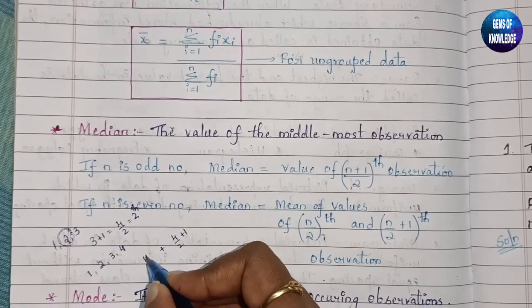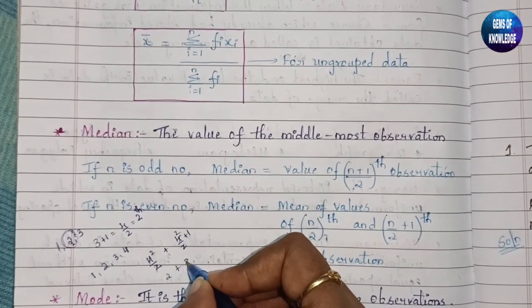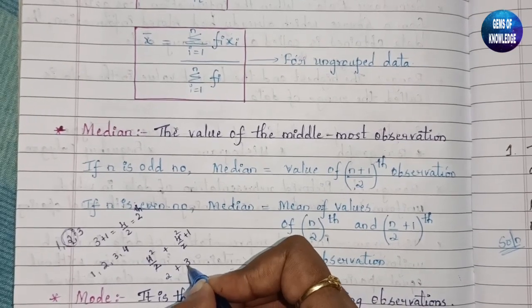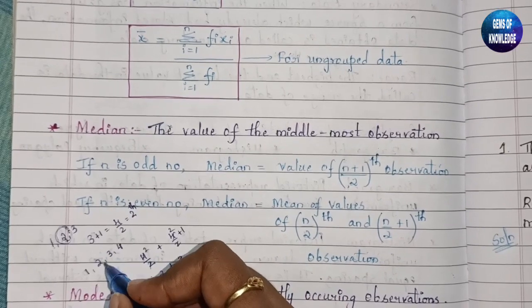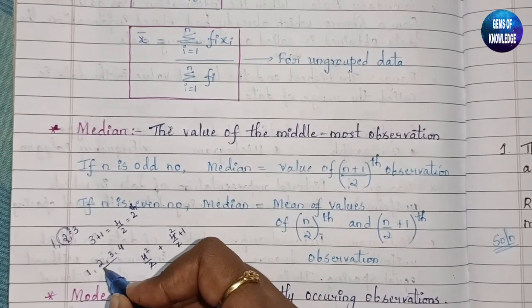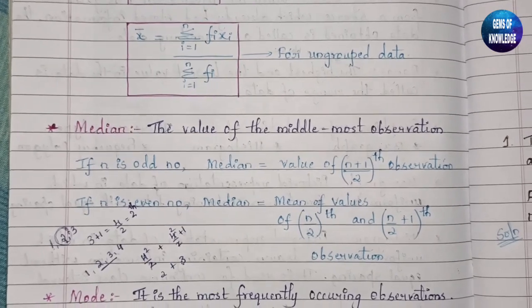So 4 by 2 is 2, plus this is also 2, 2 plus 1 is 3. So the middle of the second and third observations, the second and third observations, is nothing but the median.